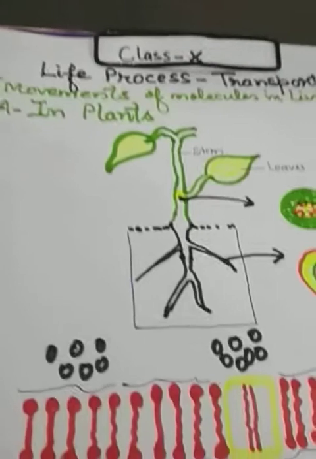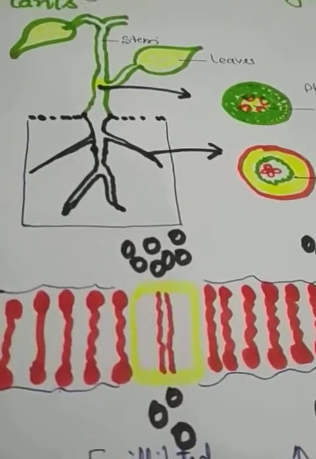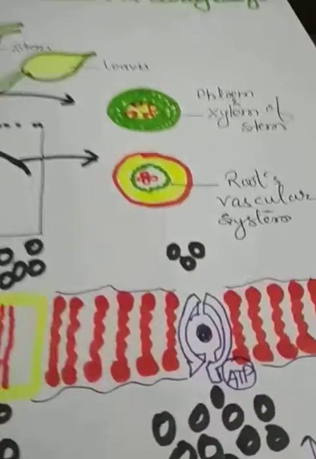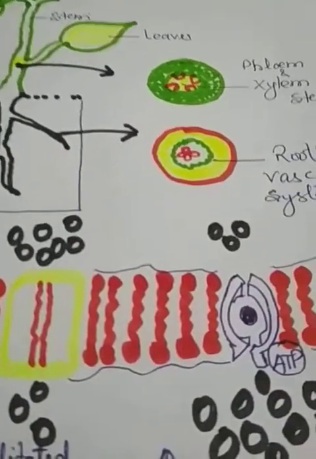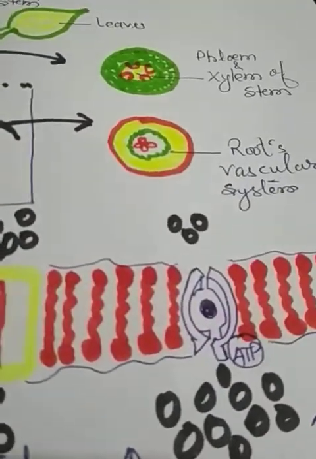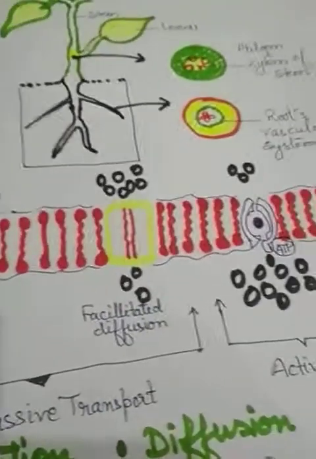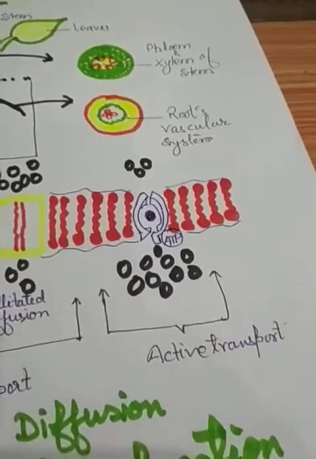So my dear students, this is the summarized explanation of transportation in the plant body, because you have already studied the xylem and phloem in your previous class, and in this class you must remember about active and passive transport, whether in plant or animal.